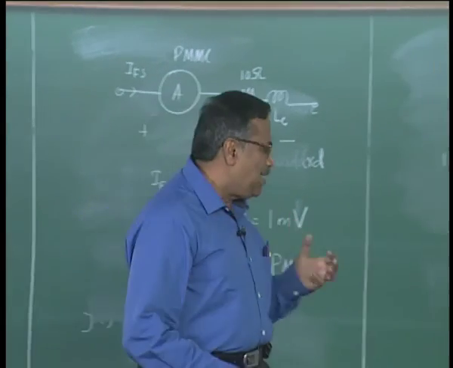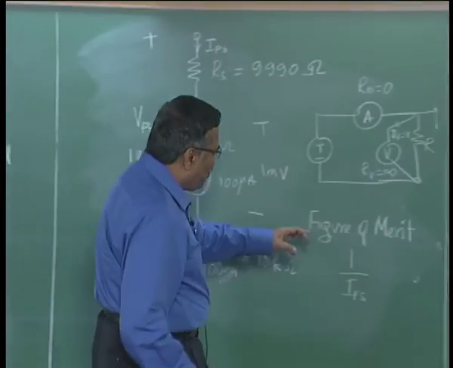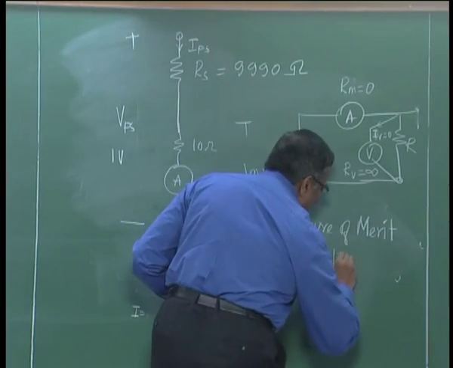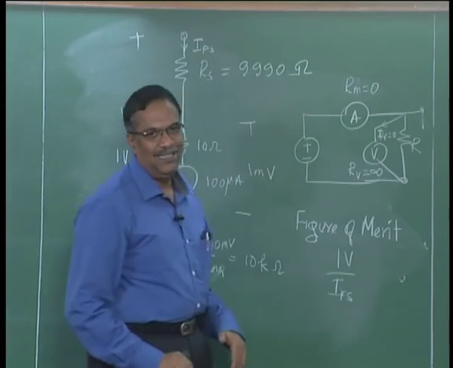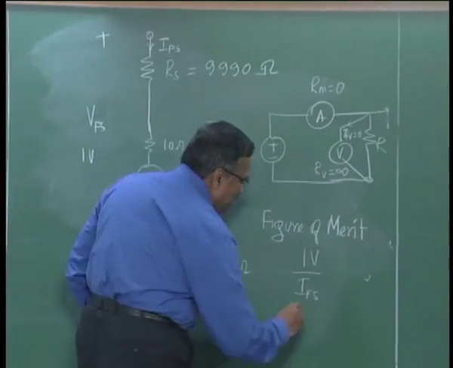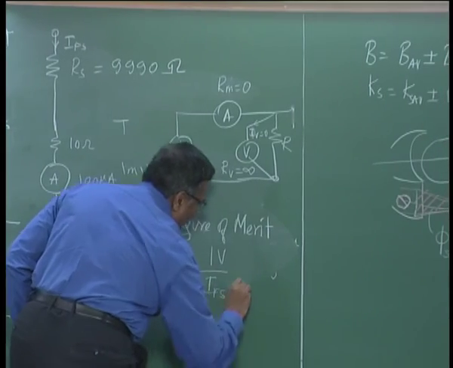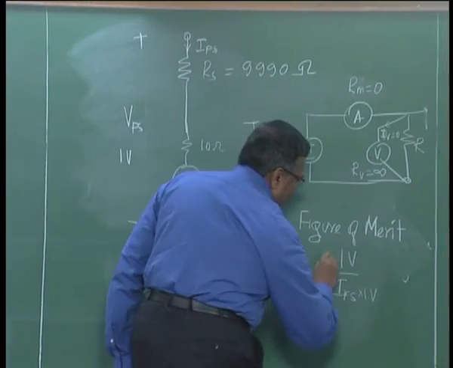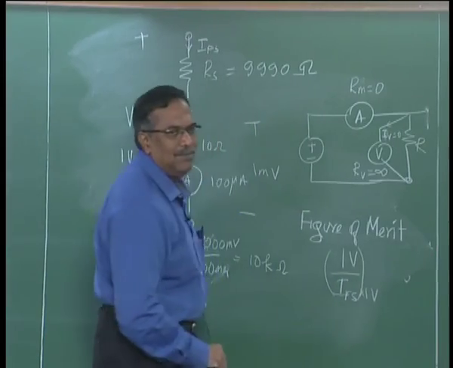For some reason they did not want to put it as ampere inverse, the unit, they assume that the numerator is 1 volt, right, and I multiply the denominator also by 1 volt. What is this now?